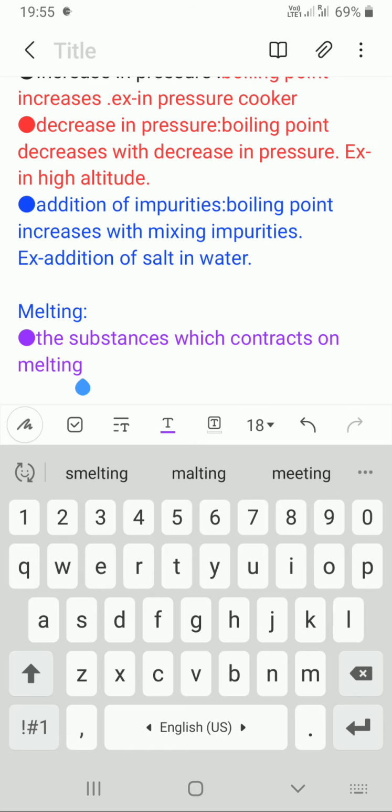For the substances which contract on melting, their melting point decreases by increasing the pressure. They contract on melting, their volume decreases, so their melting point also decreases.